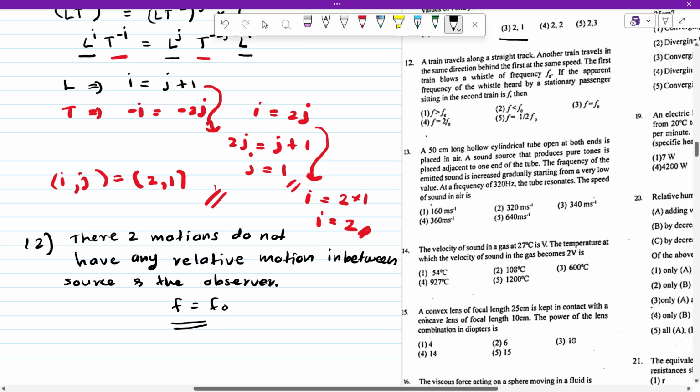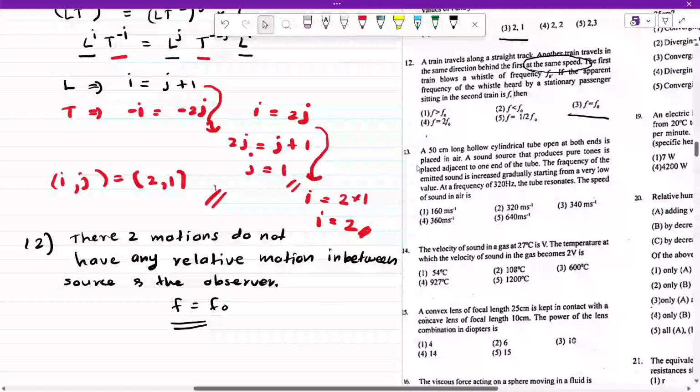That's all. So the answer is 3. We catch this concept when the scenario says same speed. This term helps us to identify the answer quite easily.